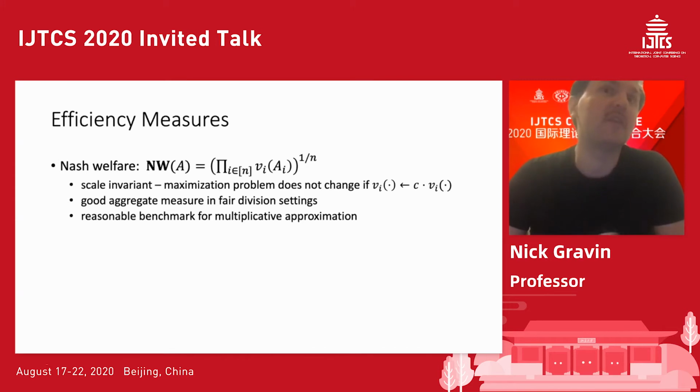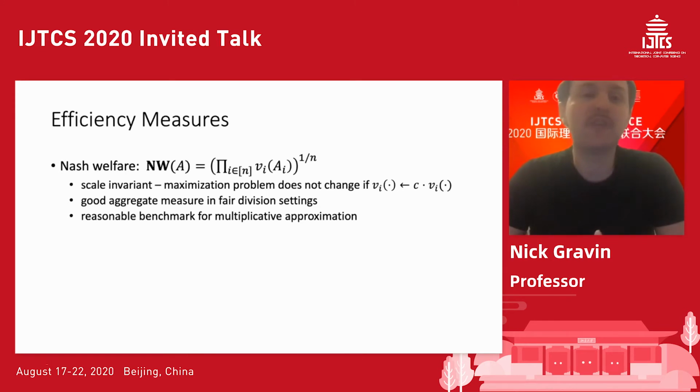On the other hand, a very common measure like the arithmetic mean, the usual social welfare, is not that convenient because with this scaling, you can make any agent super important. Their value is so big that if you want to maximize social welfare, you would have to really emphasize that specific agent. That's why it's not a really great measure in fair division settings.